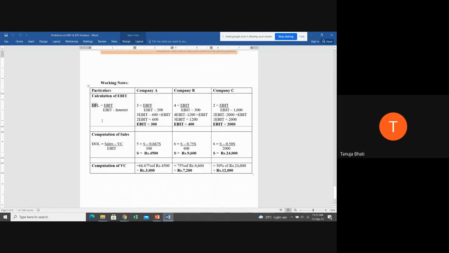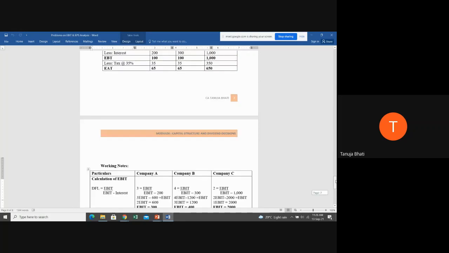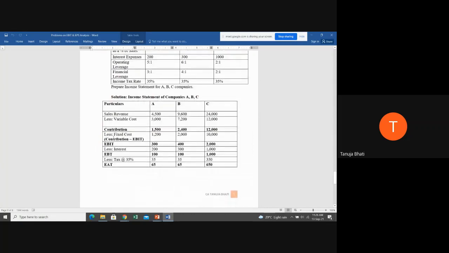Now, what is the formula for calculating the financial leverage? It is nothing but EBIT divided by EBT. Students, if you remember from our previous lectures, the formula to calculate financial leverage is EBIT divided by EBT. Now, how do we get EBT?